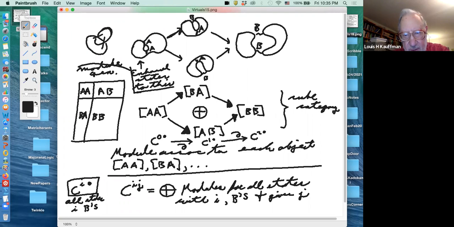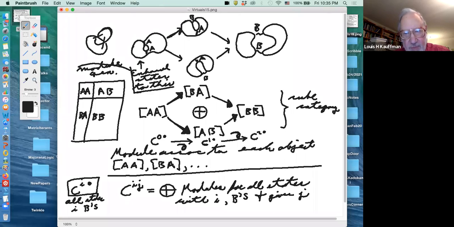But what we're going to do here is we're going to have a nice morphism that goes from this module to this one, and another one that goes from this module to this one, and we're going to add them up. And then we're going to add these up, and so on down the line, and we will get boundary mappings that work to give us a chain complex like this. One for each column, where we have a constant number of B's, there will be a module.